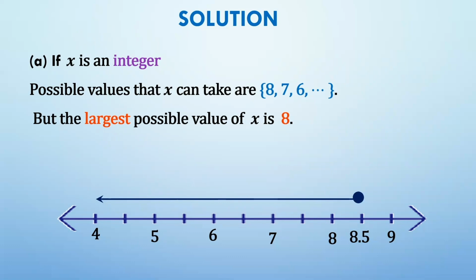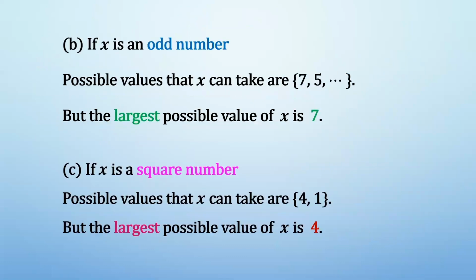But the largest possible value of x will be 8. Part B, x is an odd number. So odd numbers less than 8 would be 7, 5, 3, and so on. But the largest possible value would be 7. Now, for part C, x is a square number. So square numbers less than 8 would be 4 and 1. But the largest possible value would be 4.